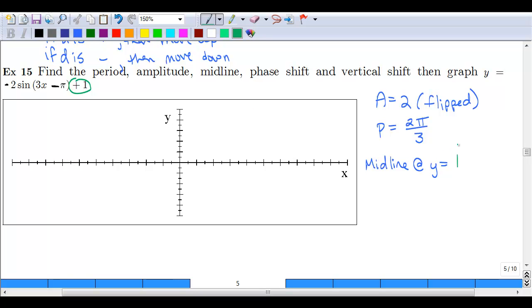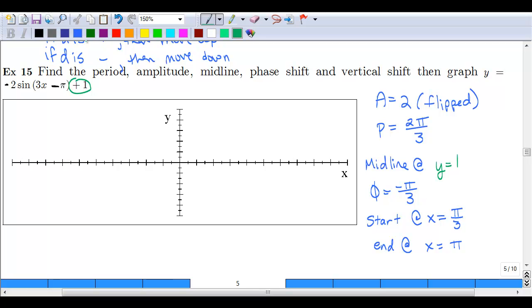So that's what that green does there, it changes it again. And then our phase shift is going to be the negative pi over 3. Again, we know our starting point is at x equals pi over 3, and our ending point is at x equals pi. So again, nothing's changed there except for our midline here.